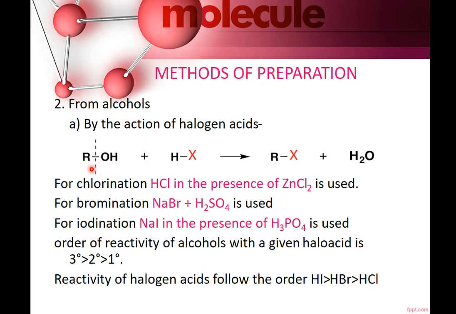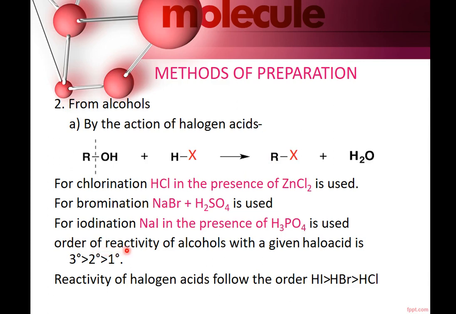That HBr will react with alcohol. And for iodination, you have to take NaI in the presence of H3PO4. Here also these will react to form HI. That HI will react with alcohol to form alkyl iodide.